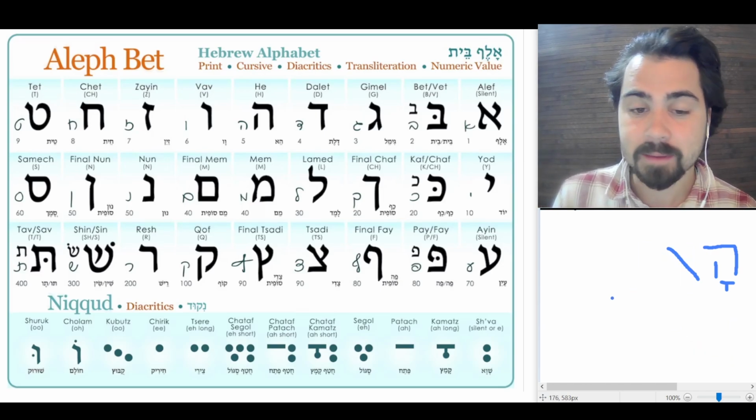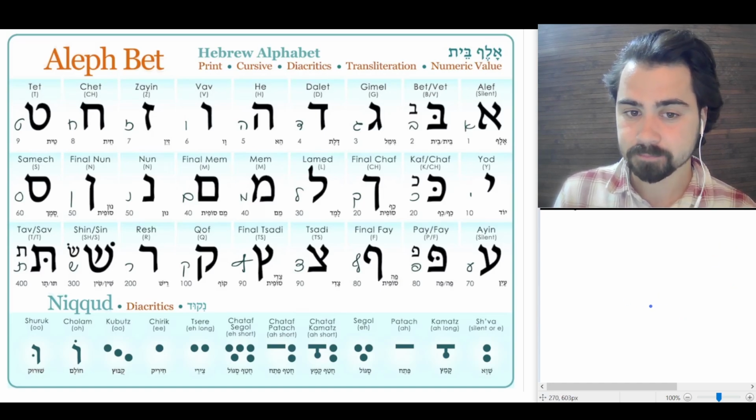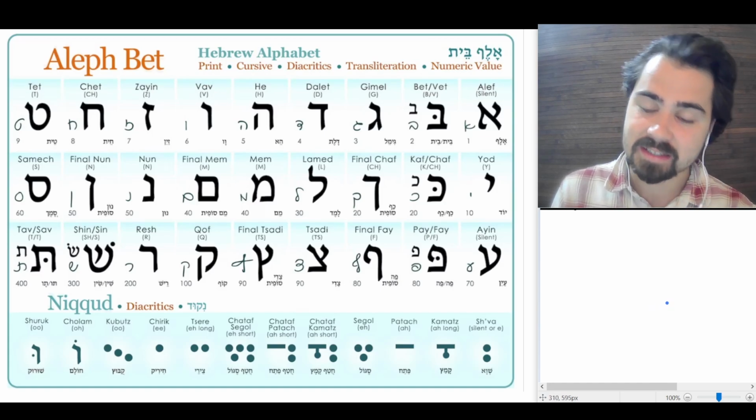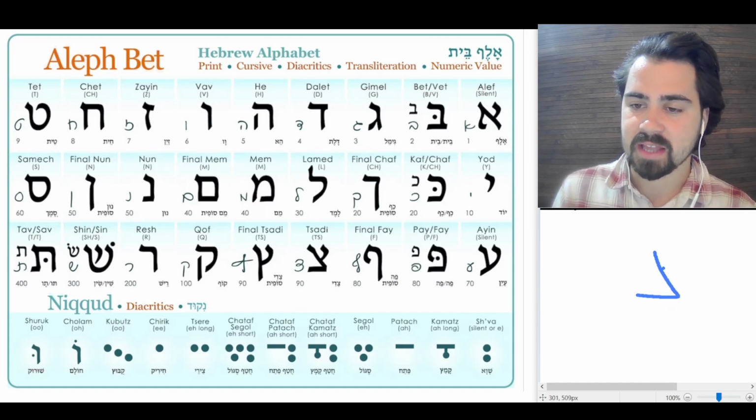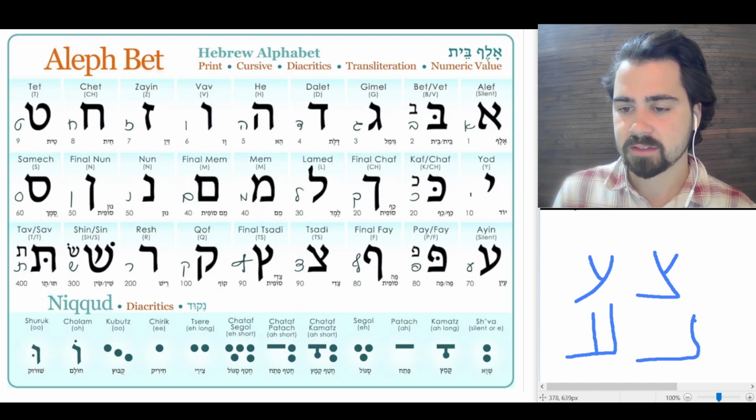Okay, let's keep going to the last letter we have today, which is the tzadik, or tzadi. It looks like this. Not to be confused with the ain, which looks like this, or like this.